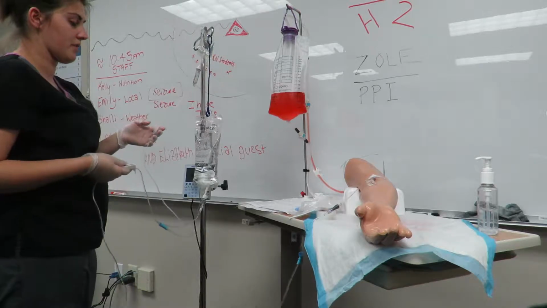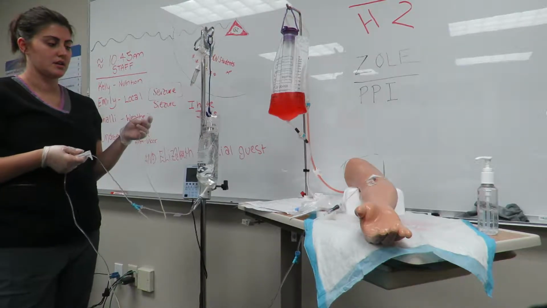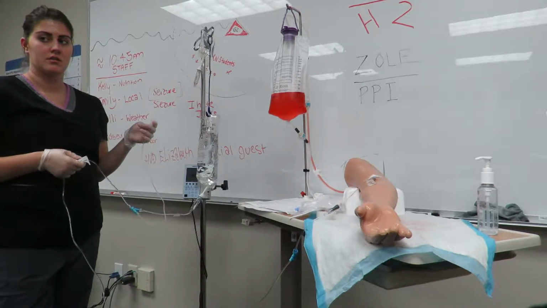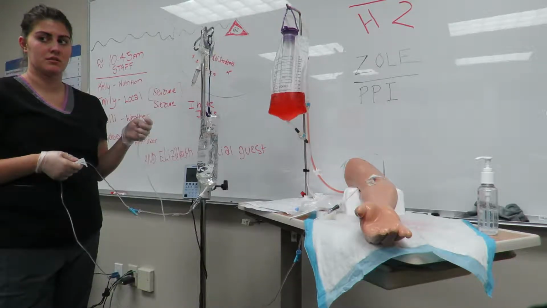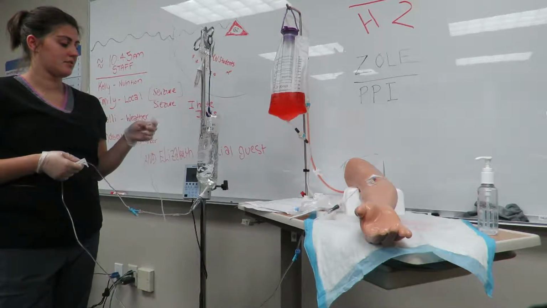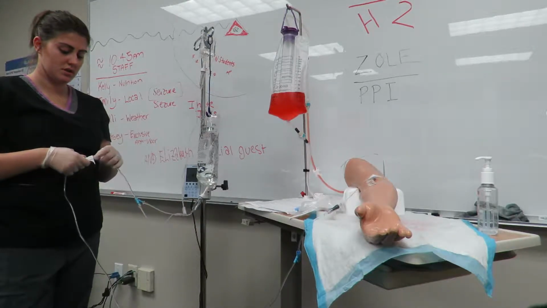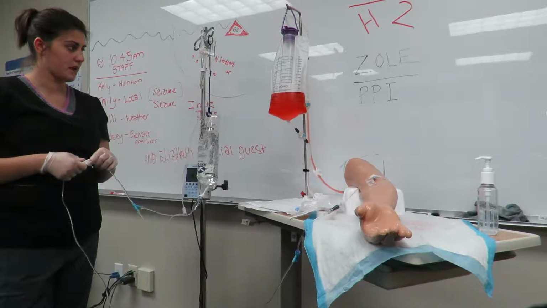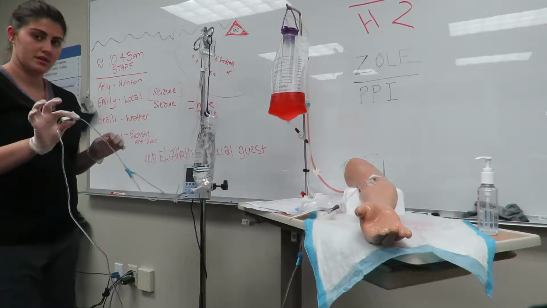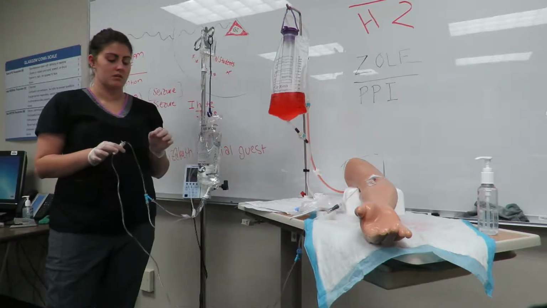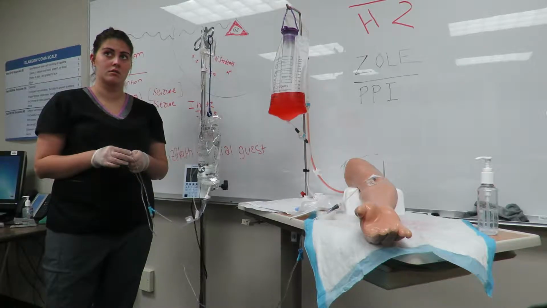Okay, and then to do the drop rate, we want 3 drops per 15 seconds. So I'm going to open this up, and then I'm going to control the drop rate with this main control.